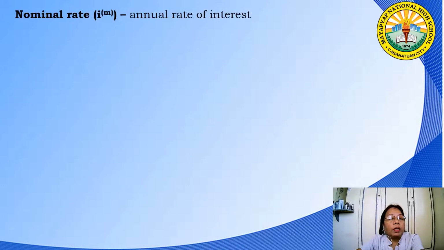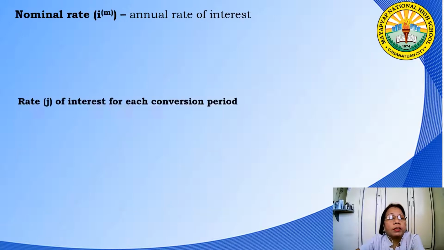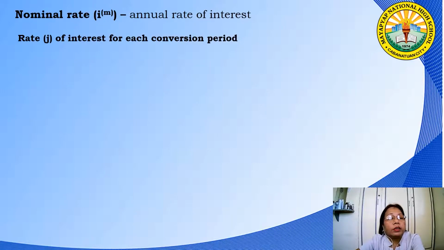Nominal rate, represented by i^(m), refers to the annual rate of interest. The rate j of interest for its conversion period, where j equals i^(m) over m: i^(m) is the annual rate of interest, and m is the frequency of conversion.